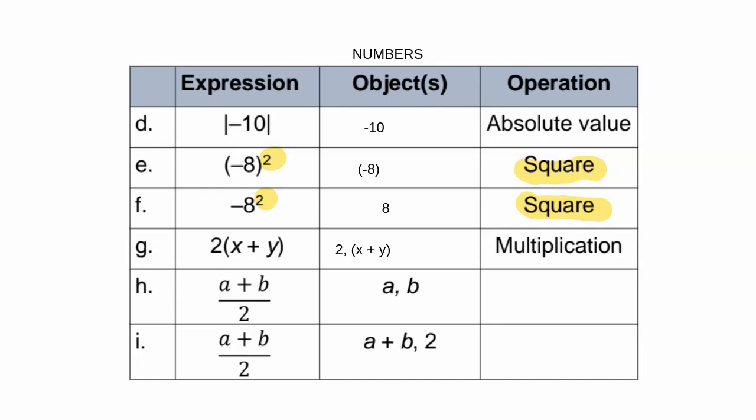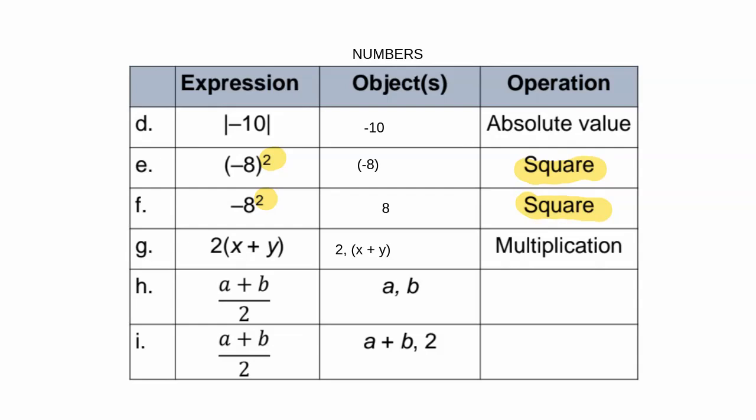Notice how I put the comma between. Okay, so therefore it's 2 comma x plus y. That is a multiplication operation. A number next to a parentheses.